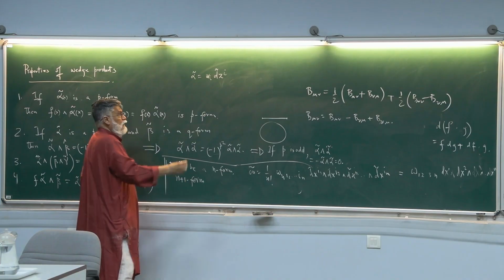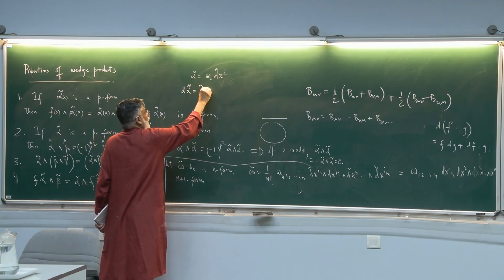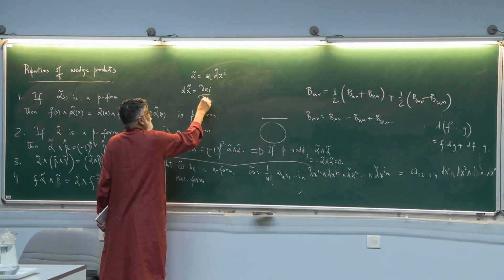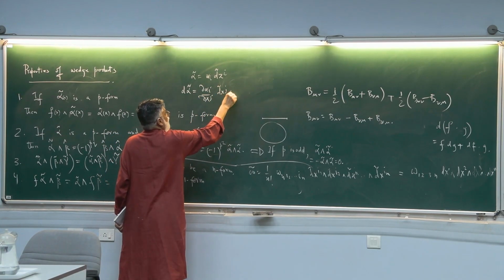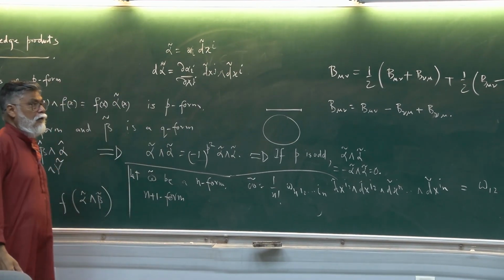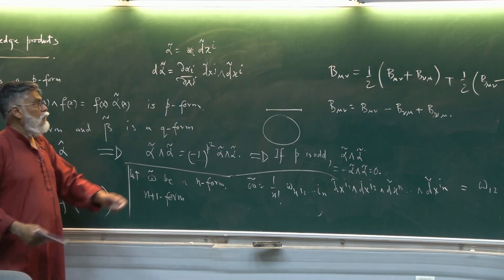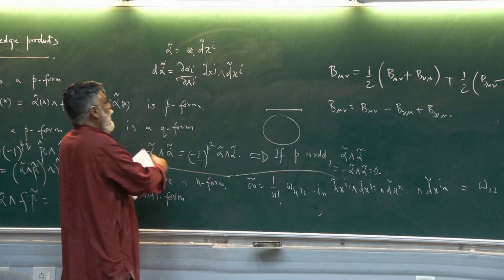Agreed? But d of alpha will be del alpha I by del xj dxj wedge d of xi. Agreed? But this is not 0. Del alpha I by del xj, you can write it in the antisymmetric form.